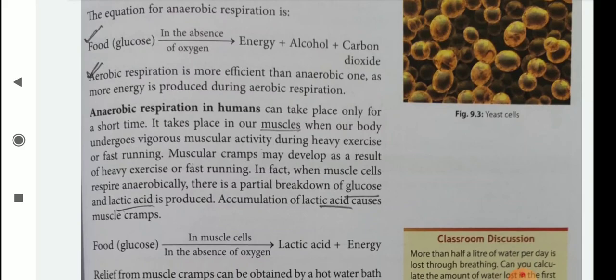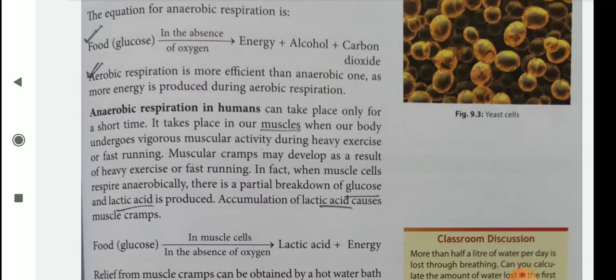Aerobic respiration is more efficient than anaerobic respiration, as more energy is produced during aerobic respiration. Anaerobic respiration in humans can take place only for a short time. It takes place in our muscles when our body undergoes vigorous muscular activity during heavy exercise or fast running.